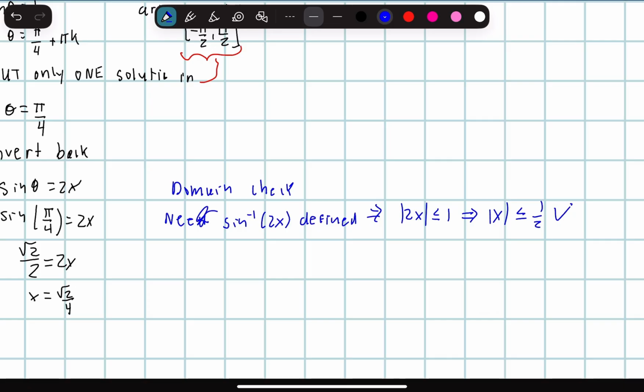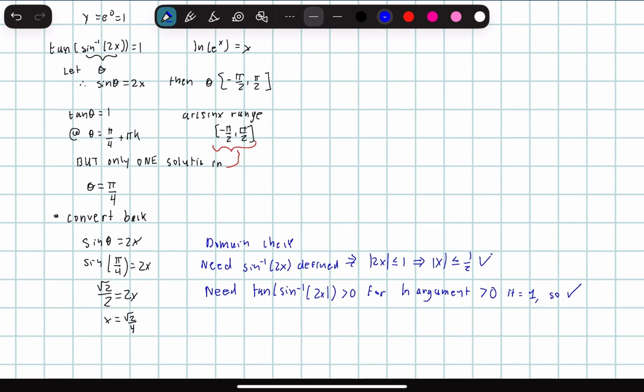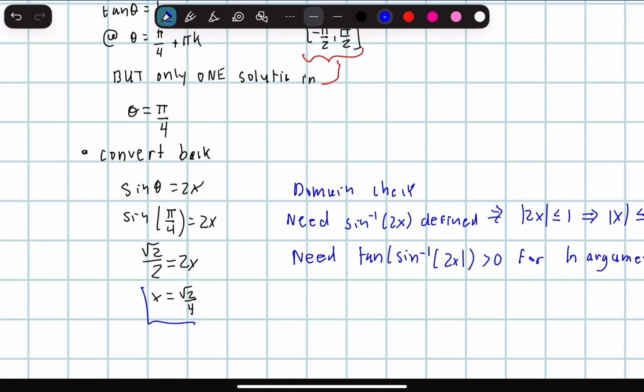And now we need tangent of sine inverse of 2x greater than 0 for the ln argument, and it equals 1, so it's okay. That means this is the answer. Hooray.